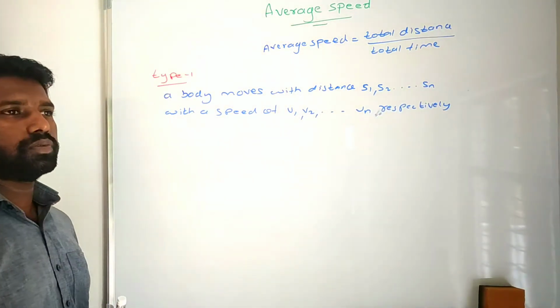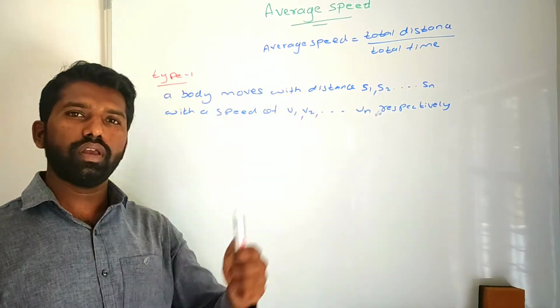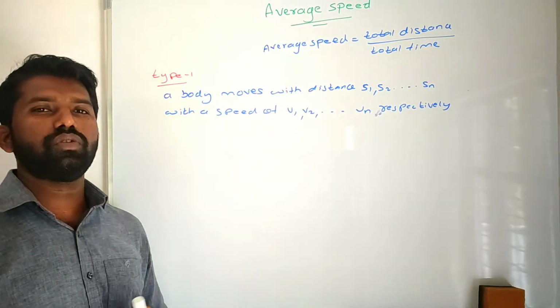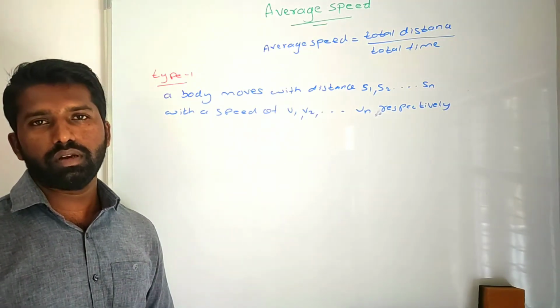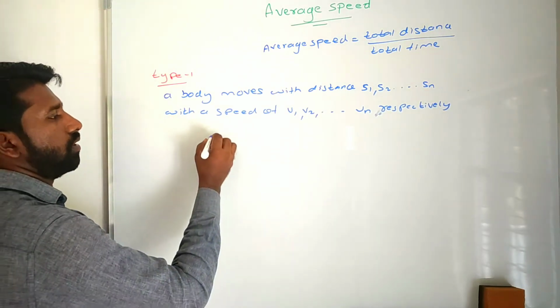The object moves through distances S1, S2 up to Sn with speeds of V1, V2 up to Vn. Then what is the average speed?